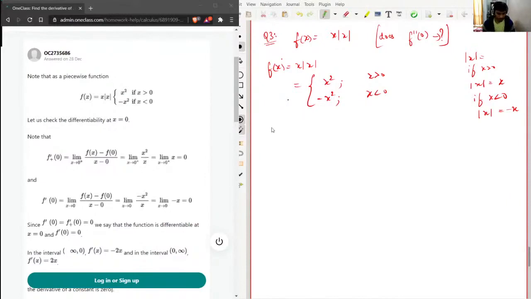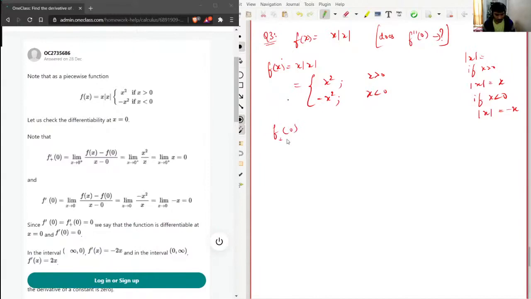For this derivative we'll go for the limits condition. First we'll go from the right hand side and then from the left hand side.